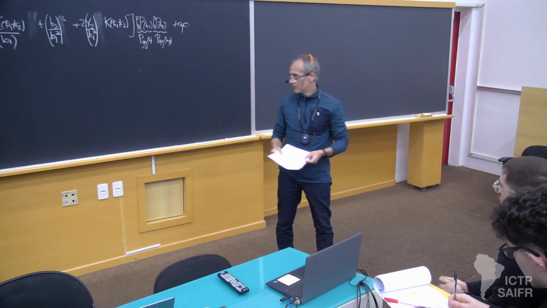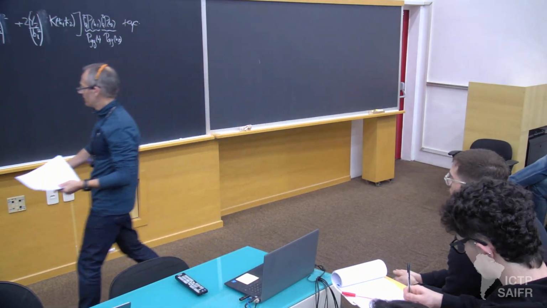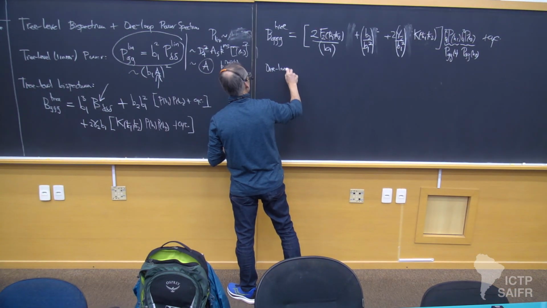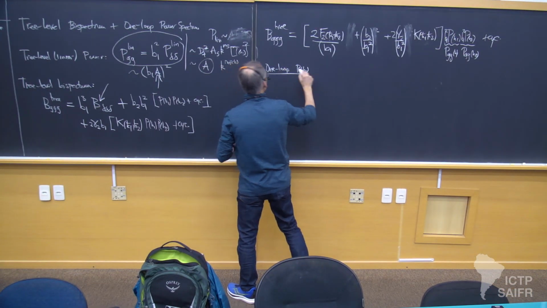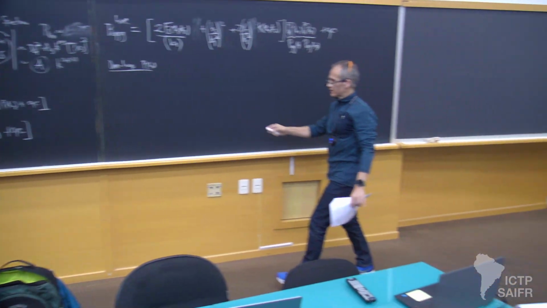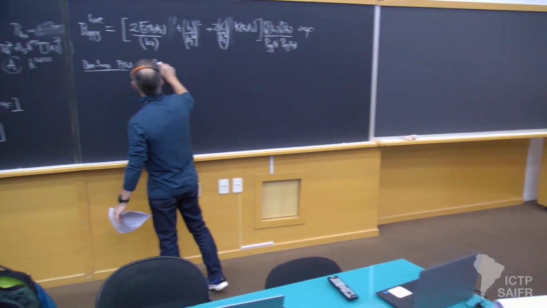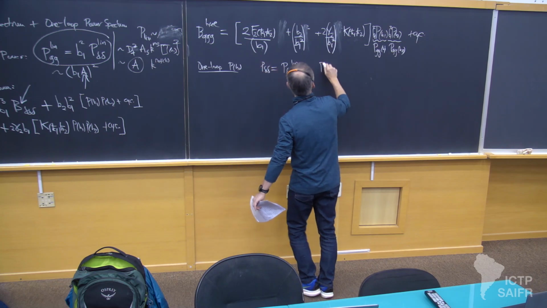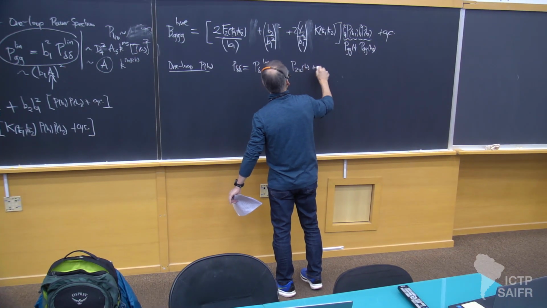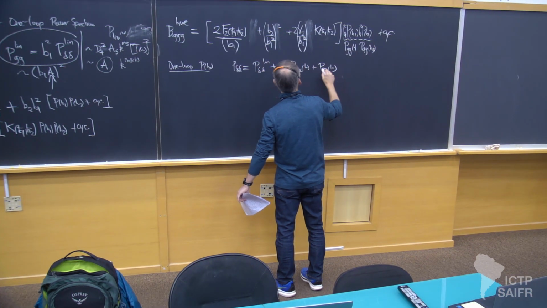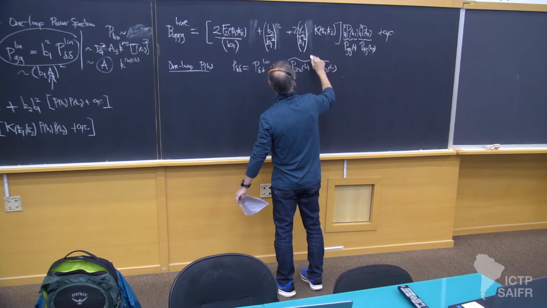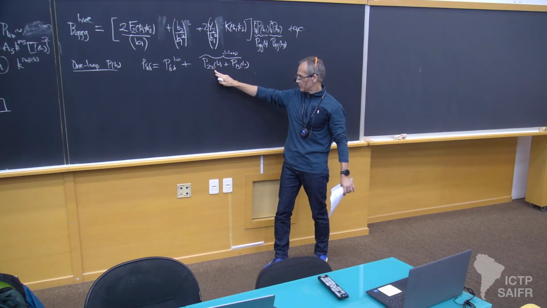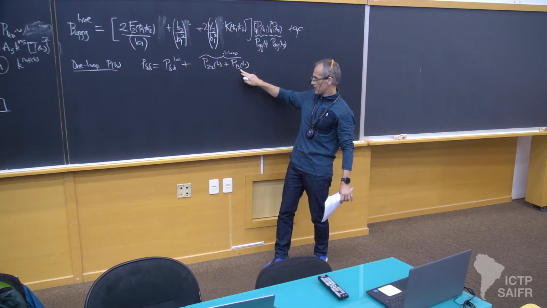Okay, so now the one-loop power spectrum. Now remember when we did the matter one loop, we found that it's linear, and then we have this P22 and P13, which is the one-loop correction, which needs quadratic perturbations, and then linear and cubic.